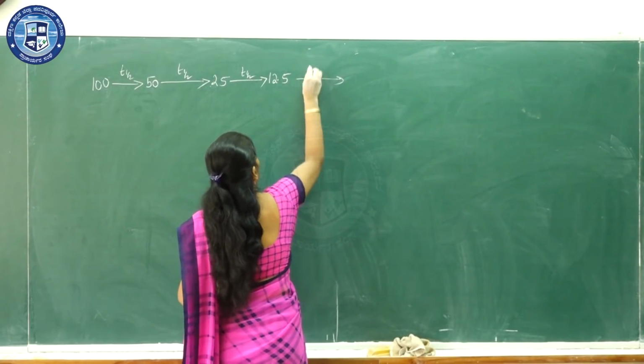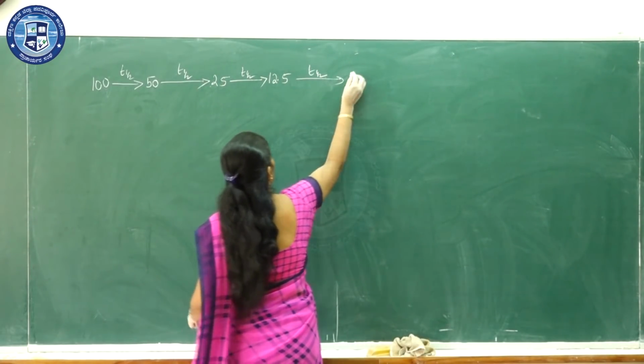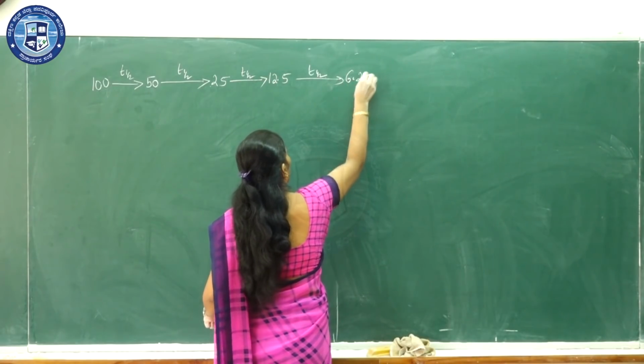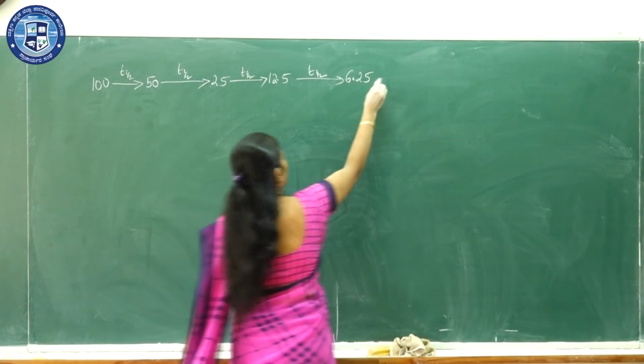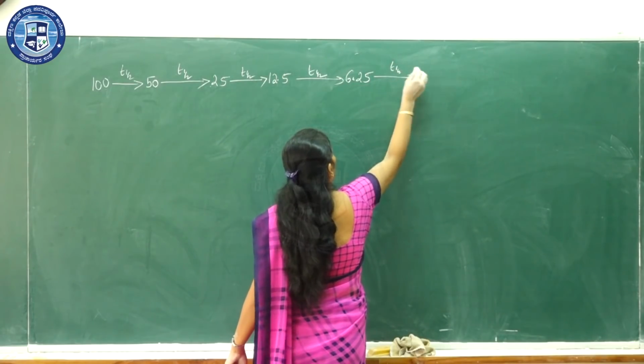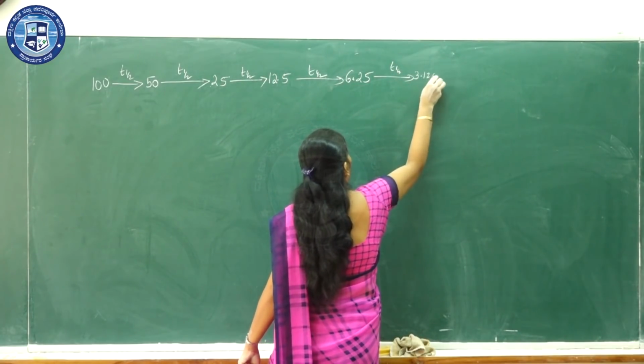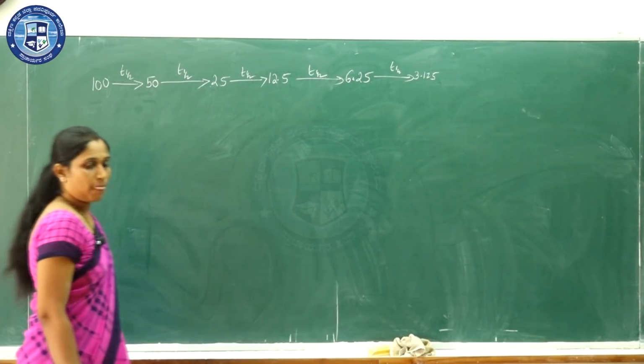Again you can just write T half, 6.25. Again you can go on writing T half, 3.125. So you can just continue it like that.